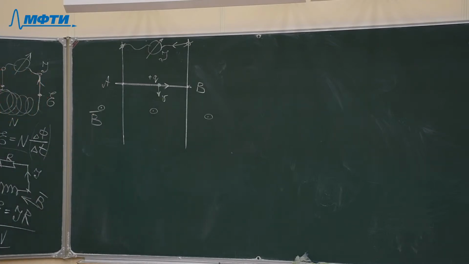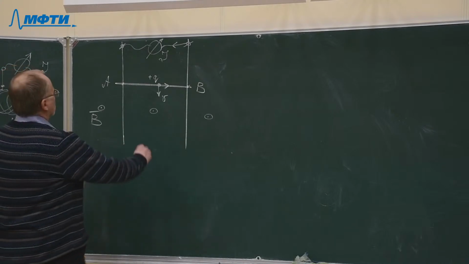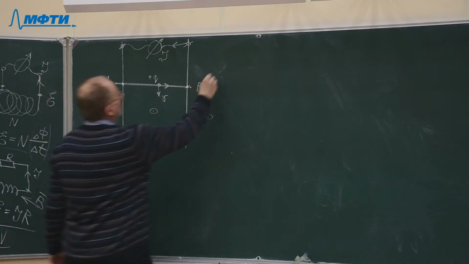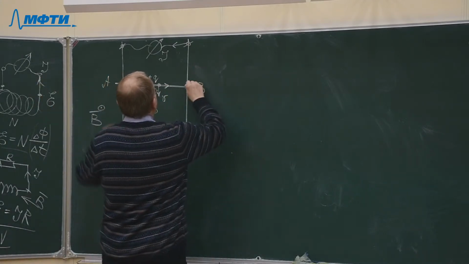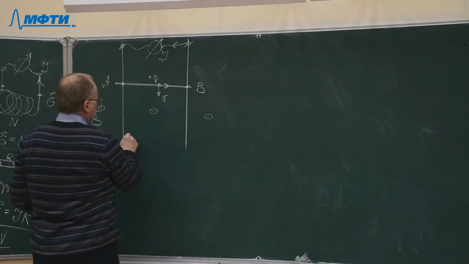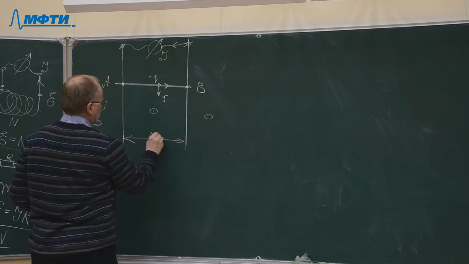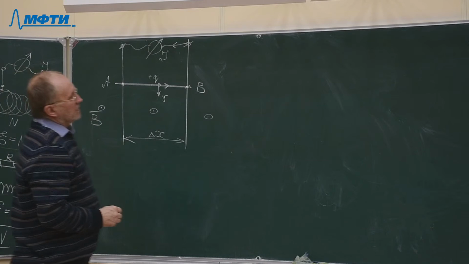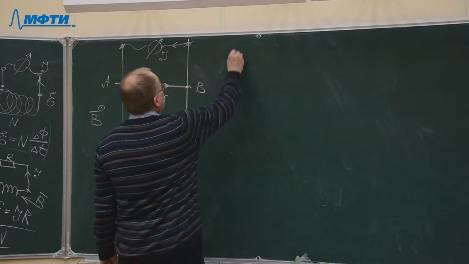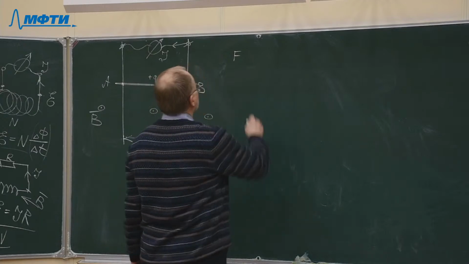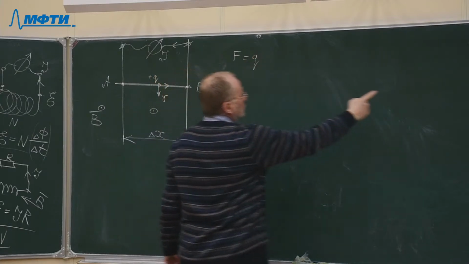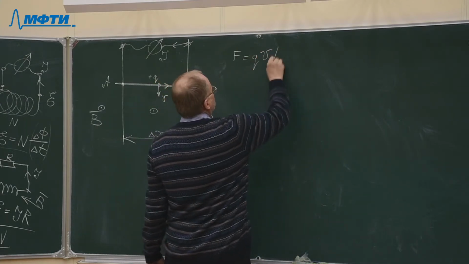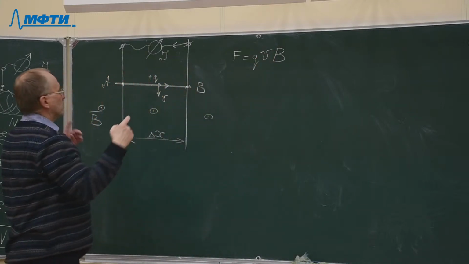So what happens in this particular case? Let us suppose that the length of this rod between points A and B is known. Let the length of this section be delta x. There is a force acting on each charged particle, which is proportional to the charge, proportional to the velocity, and proportional to the induction of the magnetic field.